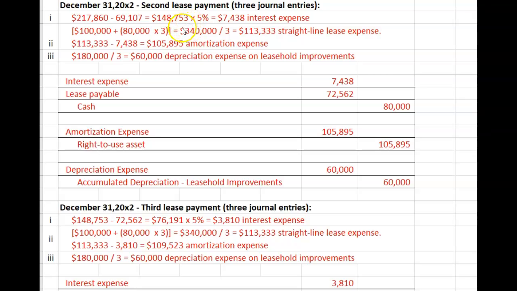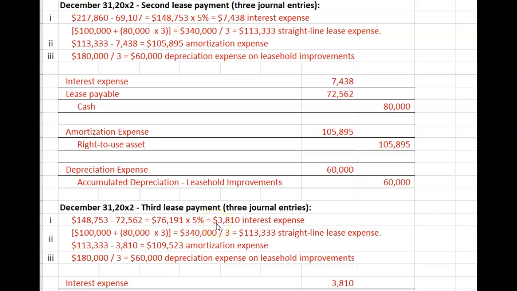After the first lease payment, the lease liability was $148,753. During year 2, we debited lease payable, or the lease liability, for $72,562. So after the second lease payment at December 31st X2, the lease liability was $76,191 times 5% interest for year 3.